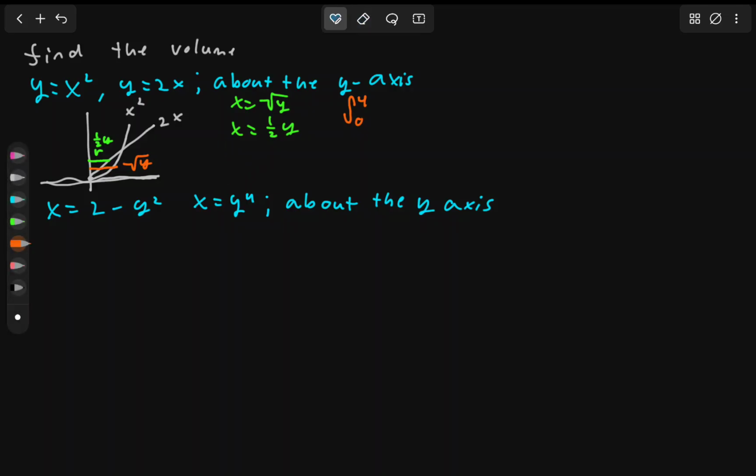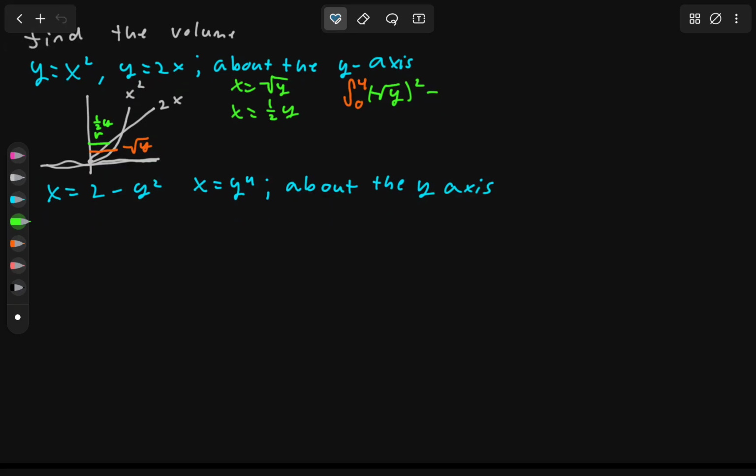Now we are going to be taking our outside function and squaring it, which in this case is the square root of y squared minus 1/2 y, squared, times our dx, or dy in this case, because we're taking the integral with respect to y.